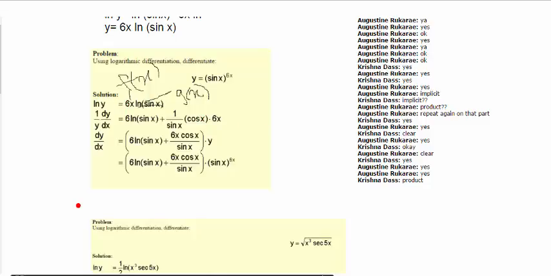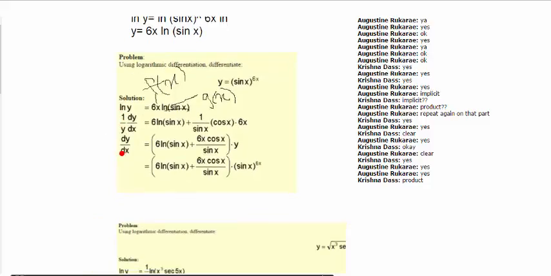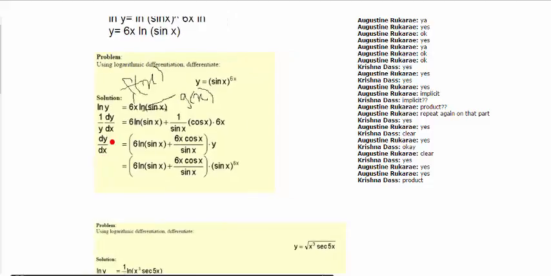So now you simply have to make dy over dx the subject of the formula. In doing so, you are required to take this y to the other side, right? Since there is 1 over y here, if I take this y to the other side, it will be multiplied, right? And this will remain as it is inside.